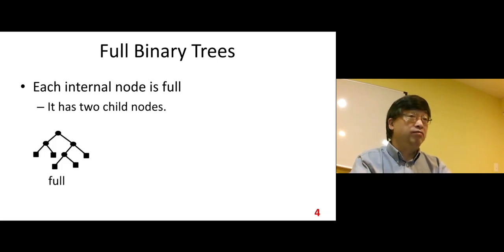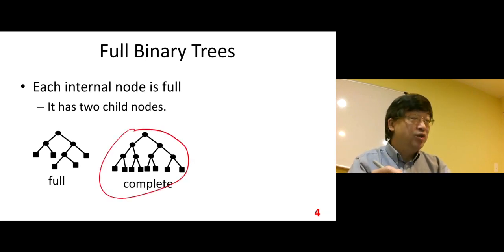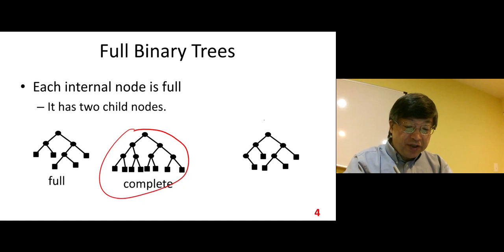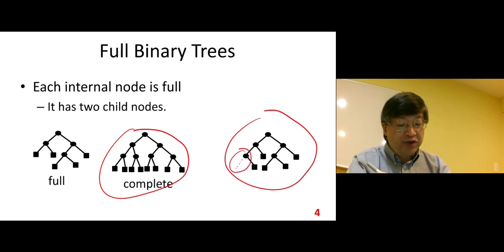A complete tree like this must always be full, right? And in this case, it is not full. See, this is a violation of the definition of full binary tree at this particular node.